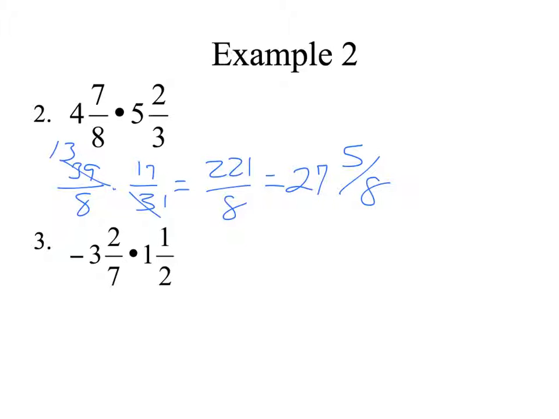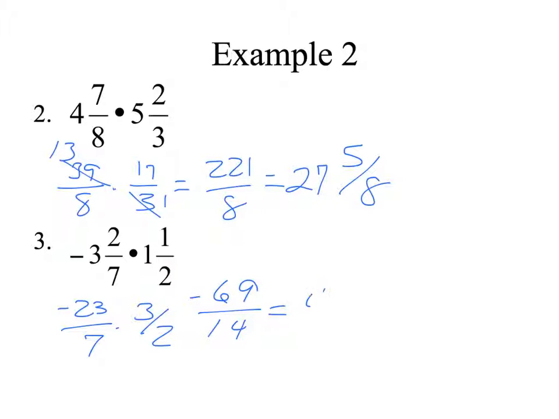Number 3, so that's 21, so negative 23 over 7 times 3 over 2. I do not see any places at the moment where I would be able to cross cancel, which is fine. So I'm going to multiply straight across the top. That's going to give me negative 69 over 14.